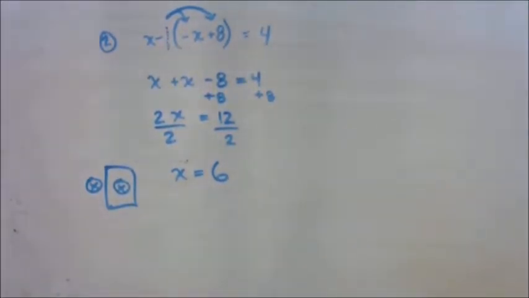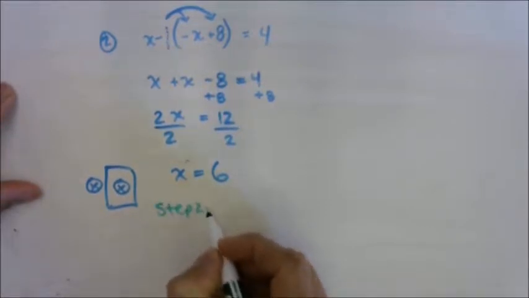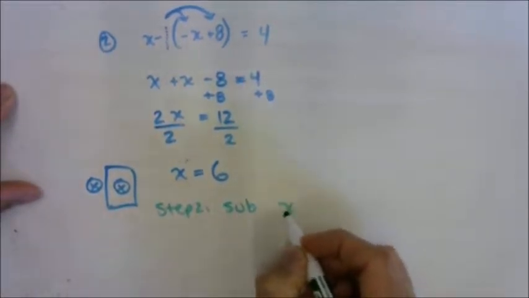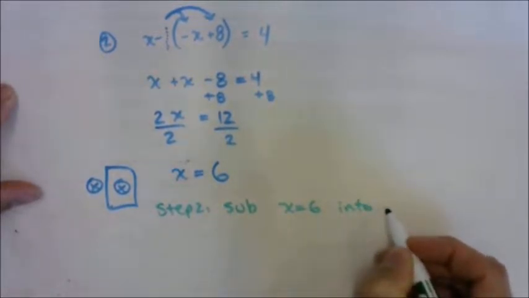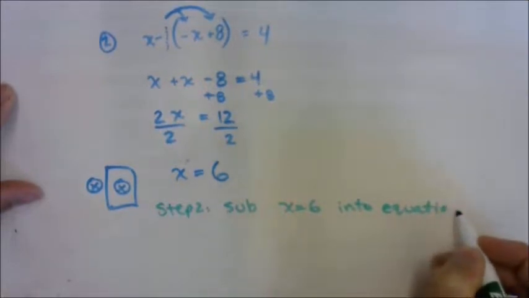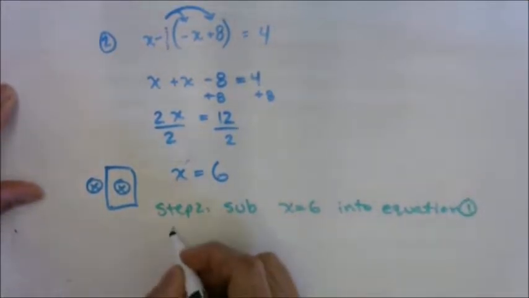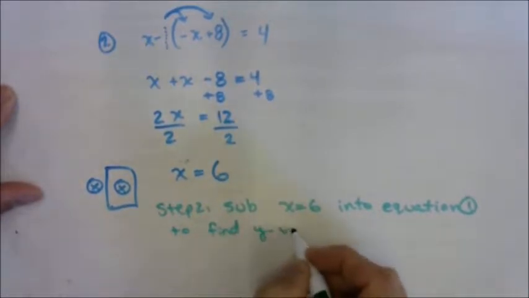Now that we found out what x is, we still need to find the y coordinate. So step 2 is to substitute back into one of the equations. Sub x equals 6 into, it doesn't matter what equation, but we'll use equation 1 to find the y value.